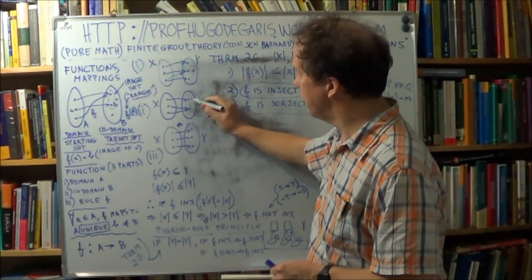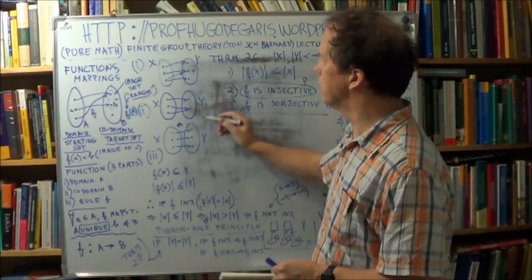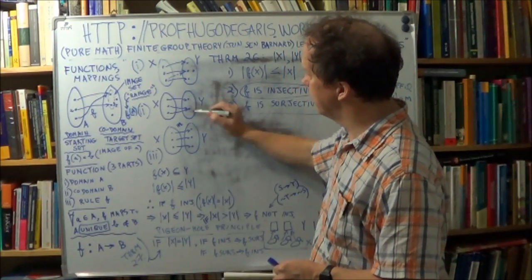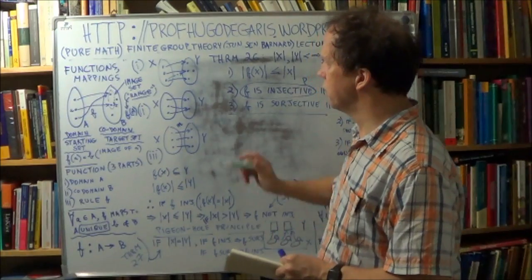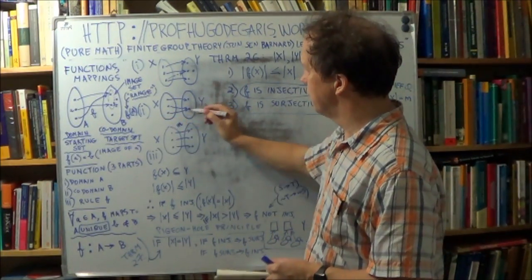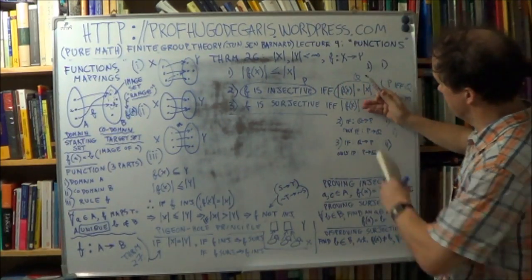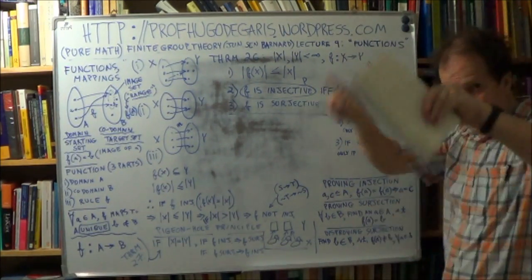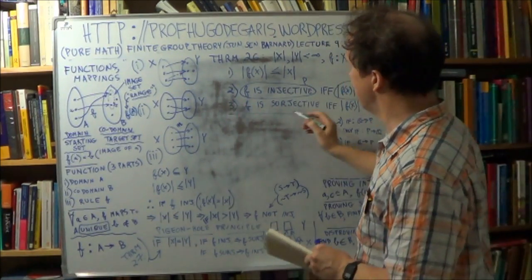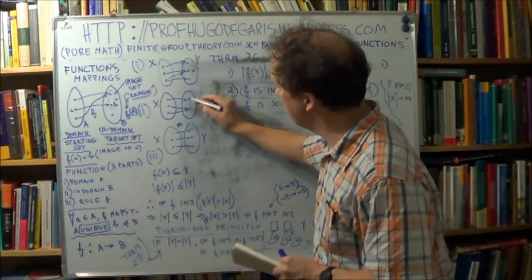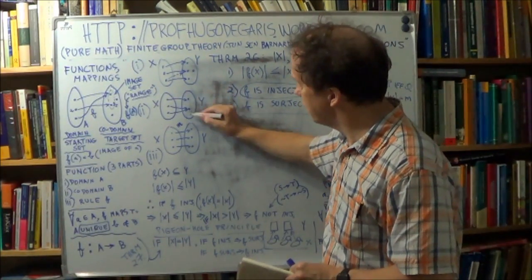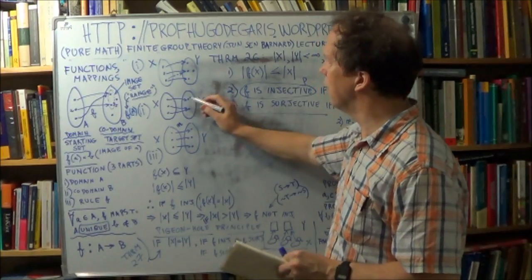So how many elements get mapped? Well, it's surjective, so the number of elements that get mapped is by definition the size of your range. So the size of f of x is going to be what? Well, it's surjective, so every element here is mapped. So how many elements in this Y? Well, mod of Y. Okay?